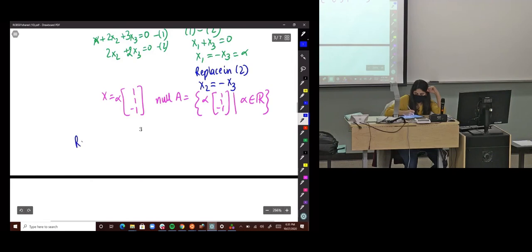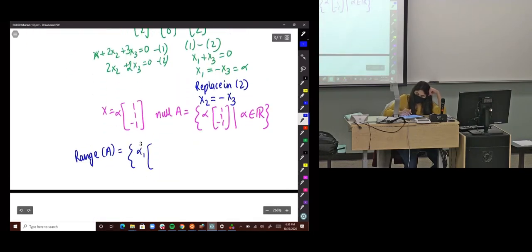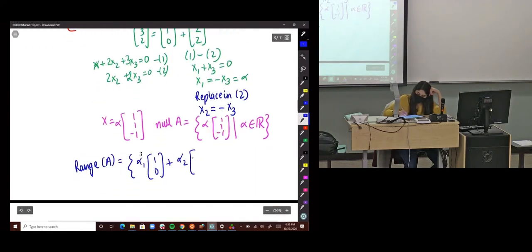And the range is simply the set defined by alpha. So if I take x is alpha 1, alpha 2, alpha 3 like we did before, the first column is 1, 0 plus alpha 2. Second column is 2, 2 plus alpha 3.